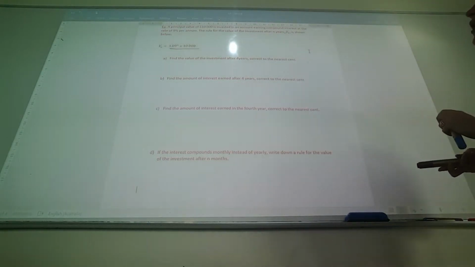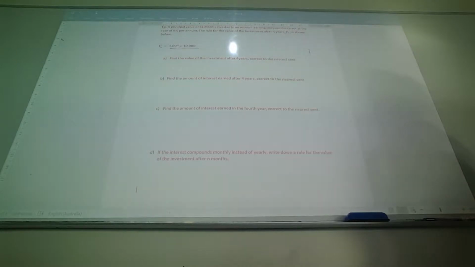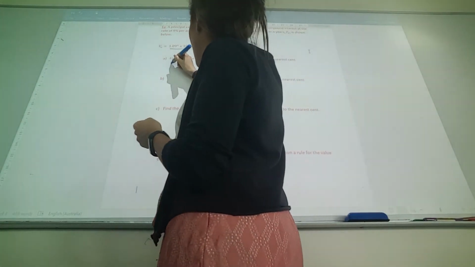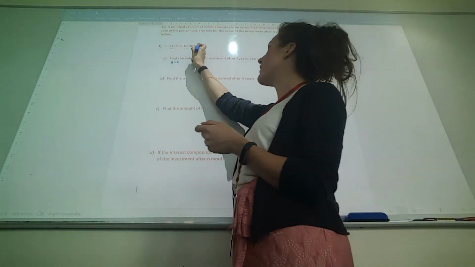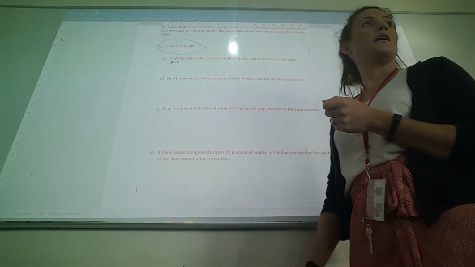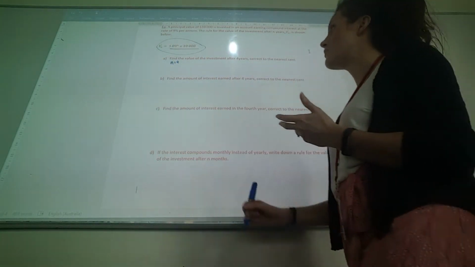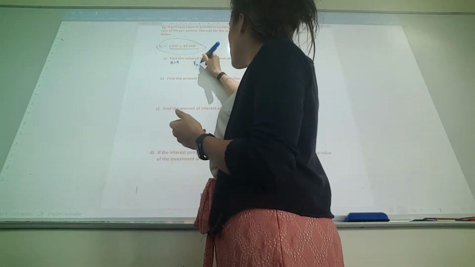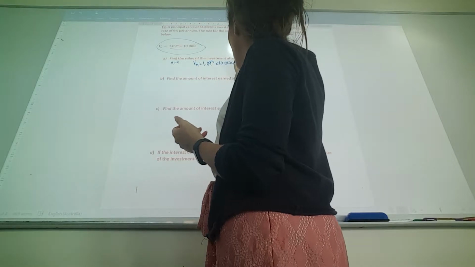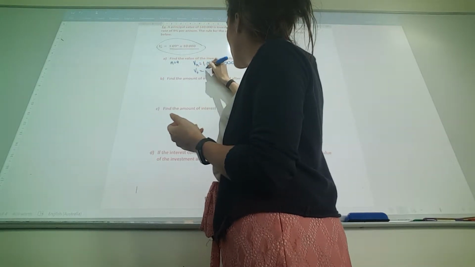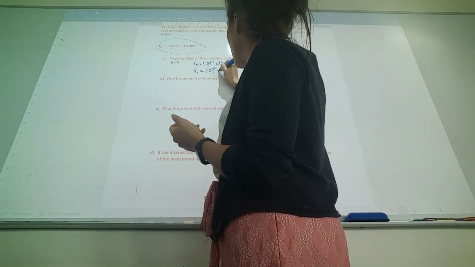All right. So find the value of the investment after 4 years, correct to the nearest cent. So after 4 years, our n equals 4. So wherever there is an n in our rule, we're going to sub in 4. So that was our rule. And we're going to sub in 4, power of 4.